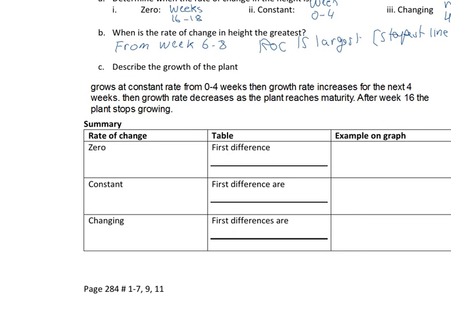So when you see a horizontal line, your slope is 0, same as your first difference. Remember, rate of change means slope.